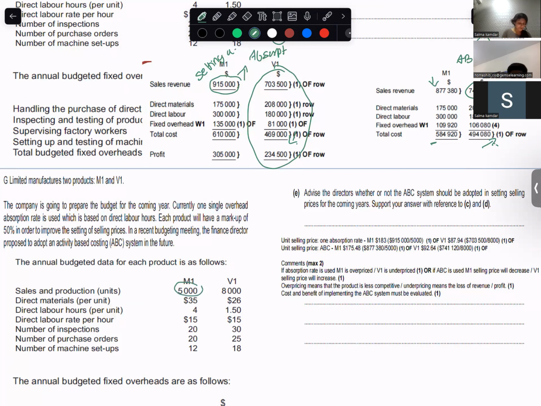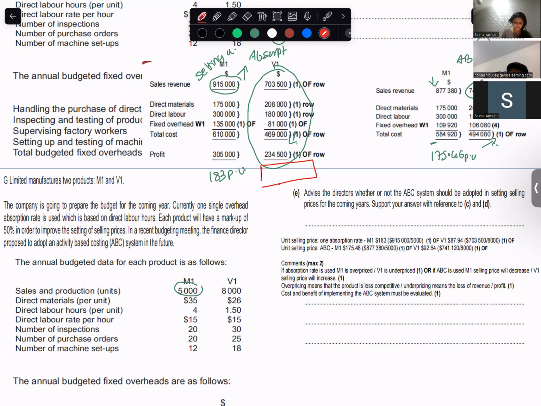As per absorption, 915,000 divided by 5,000 is 183 per unit. And here it is 877,300 divided by 5,000, so it is 175.46 per unit.